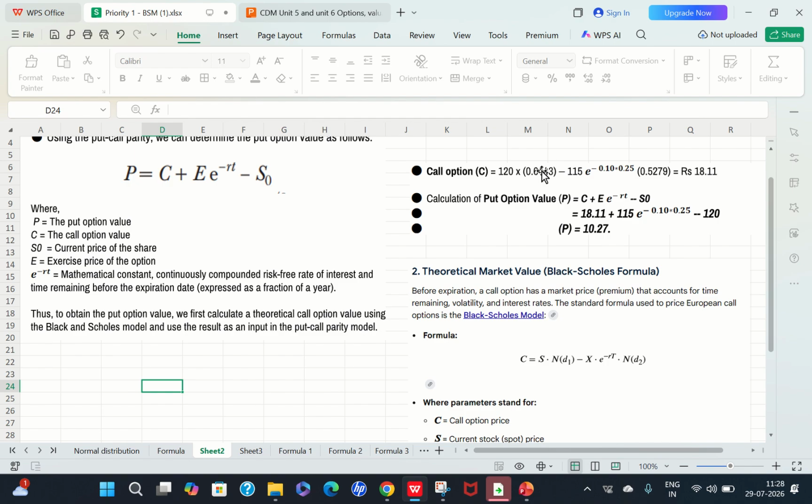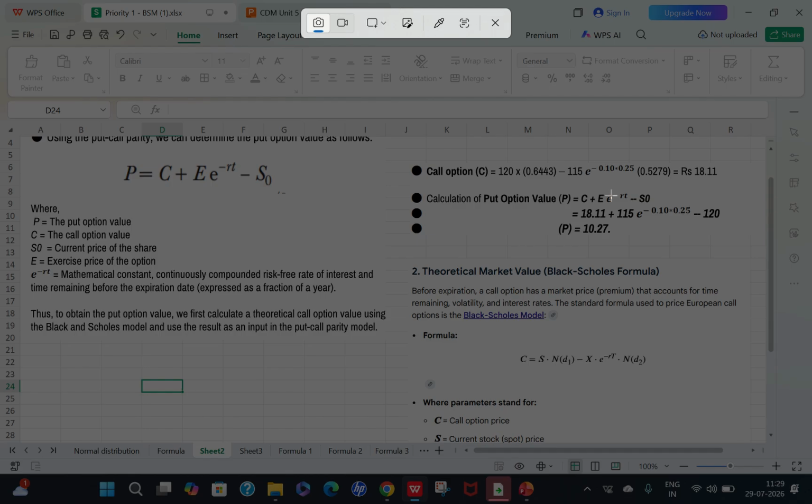This you need to multiply, minus 115 into e to the power of minus 0.10 into 0.25. So let me get to the values.